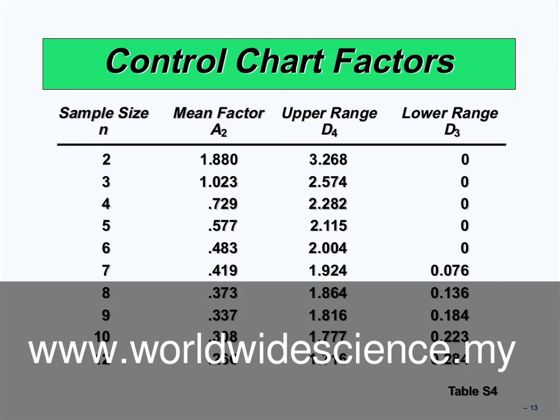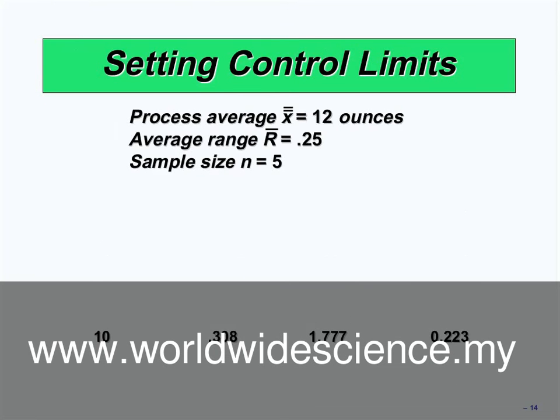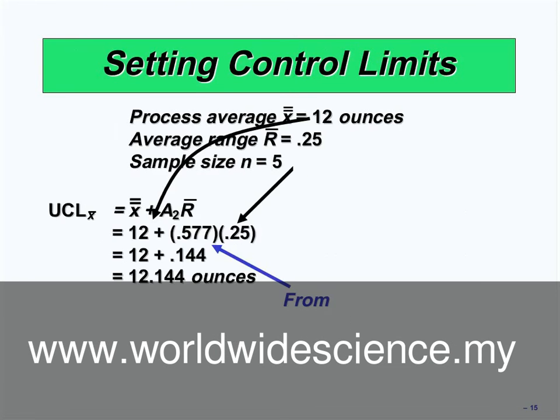Now we change the sample, only as an example. Imagine the process average X bar is 12 ohms. This is another example. The average range R bar is equal to 0.25.